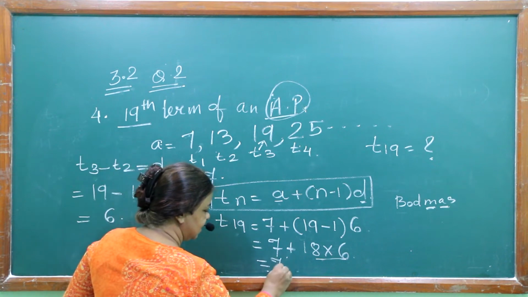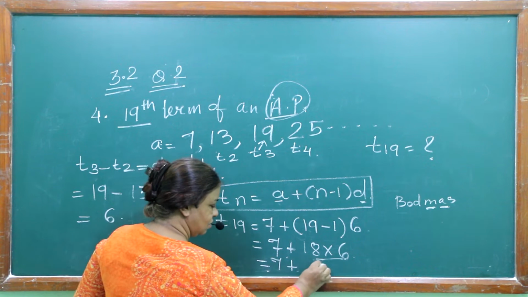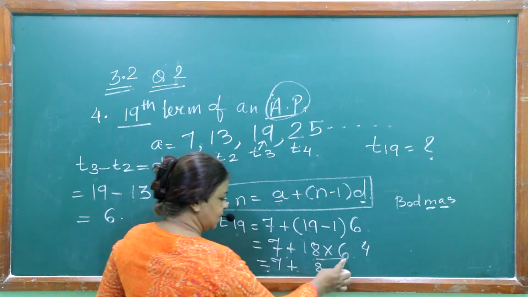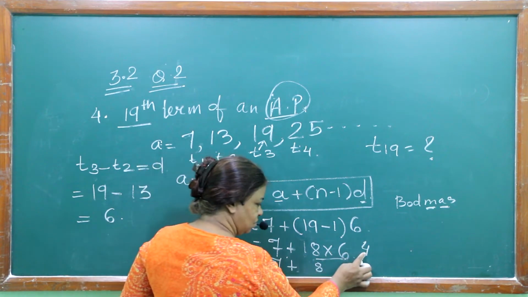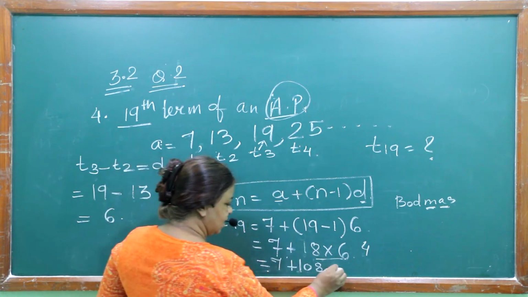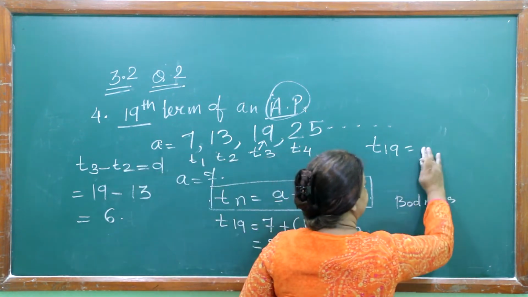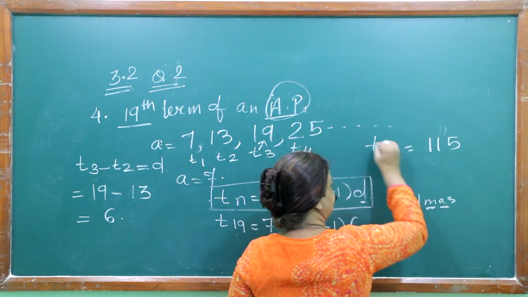So what will we get? 7 plus 18 into 6. 6 8s are 48. 6 1s are 6. 6 plus 4, 10. 108 plus 7 is 115. So T19 is 115.